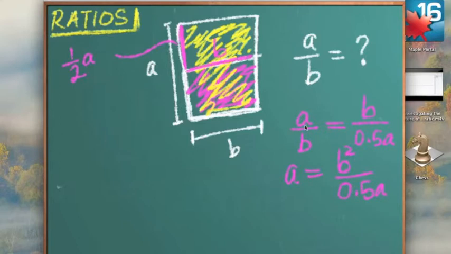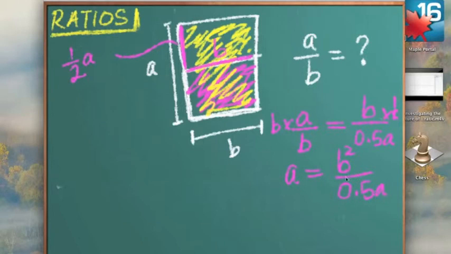Why is this correct? Because if you multiply this side of the equation by B and this side of the equation by B, over here you get B squared, and over here you get B divided by B, which is just 1, times A. So A is equal to B squared over 0.5A.